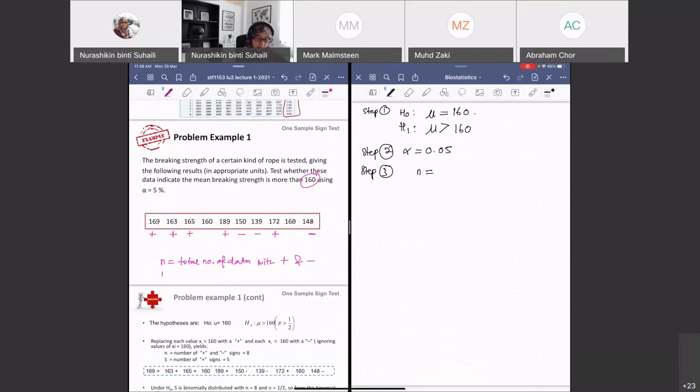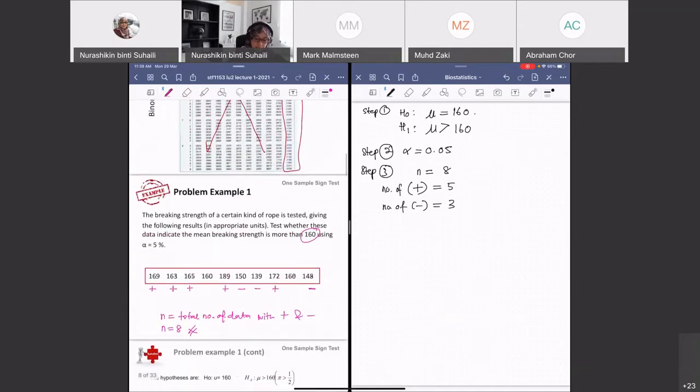So n is 8. Don't get confused with the definition of n for this test. The number of positive is 5, and the number of negative is 3. That is the information you have to jot down for step 3.